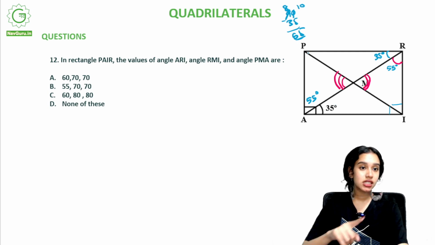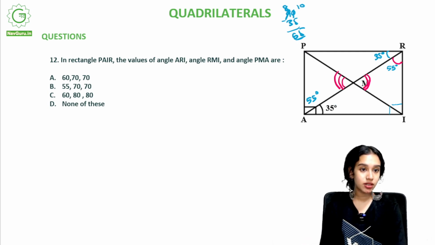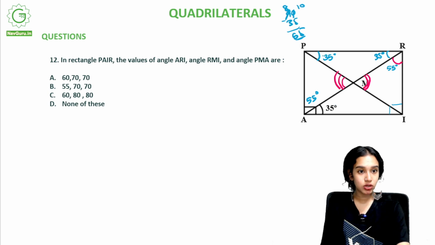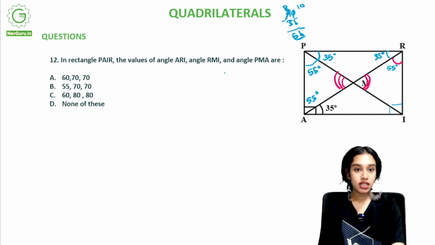Now let's consider the other bisection, this one, right? So if this is 35 degrees, this angle should also be equal to 35 degrees, because PR and AI are parallel to each other. Now if this is 35, this angle should be equal to 55 degrees. Now what is this angle then?